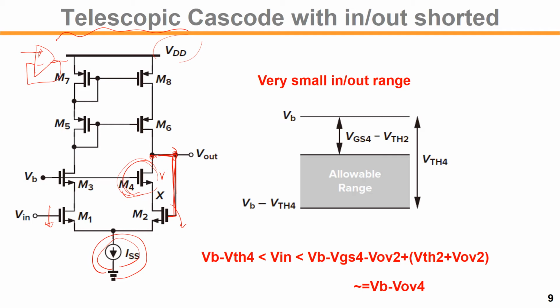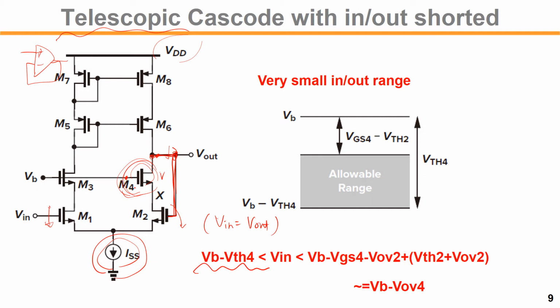So what would be the voltage limit for the output and input? We assume that input and output are the same, for the negative feedback. So the minimum output voltage will be VB minus VTH of M4. If it goes down further, this will be pushed into triode.